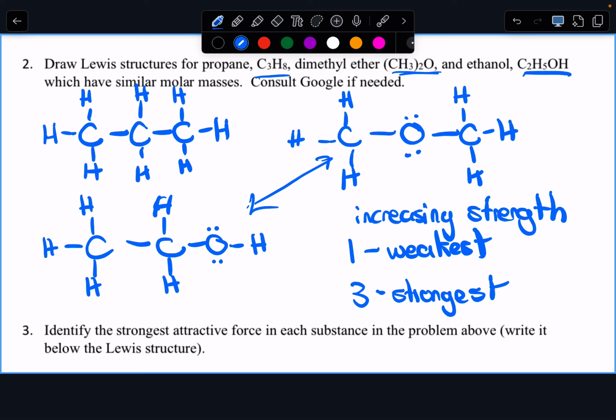So writing them like that, you should know that the oxygen's not bonded to the hydrogen there. Or I would give you the structure itself and ask which one has the highest boiling point or something.